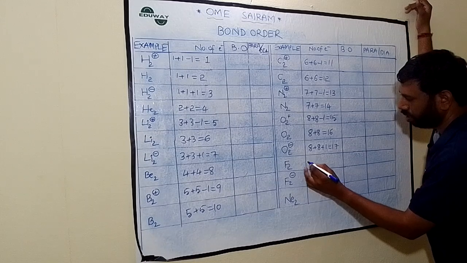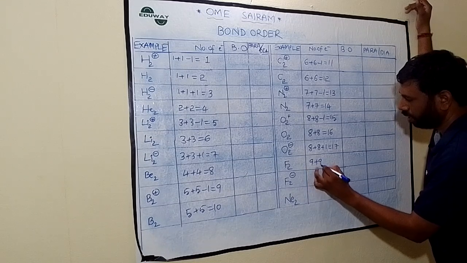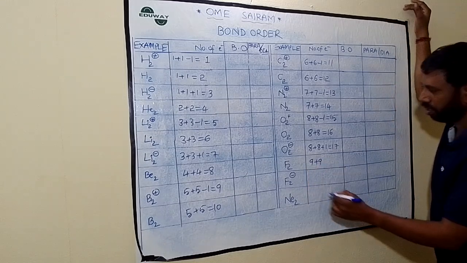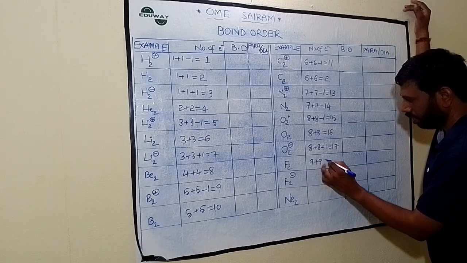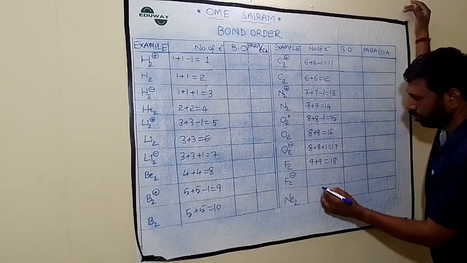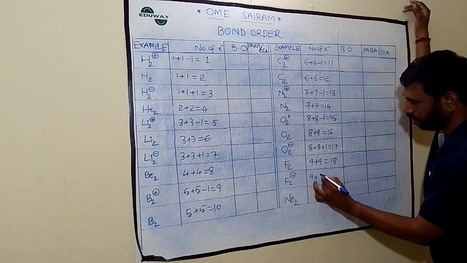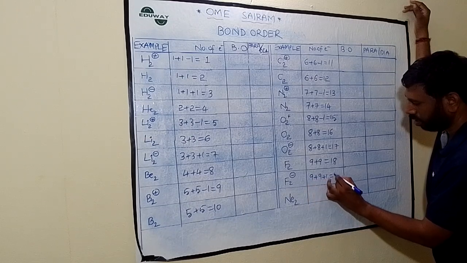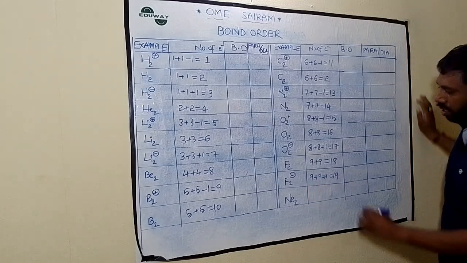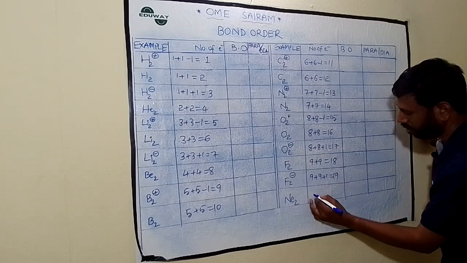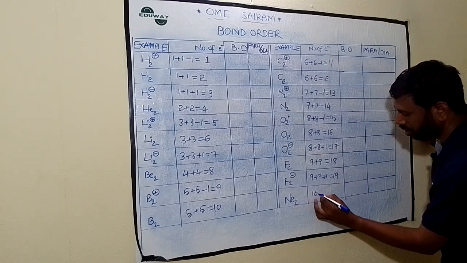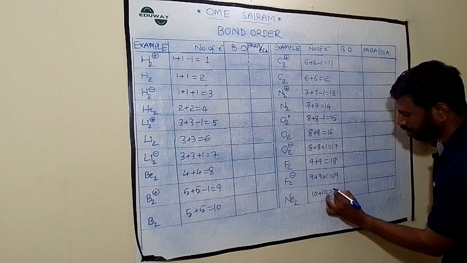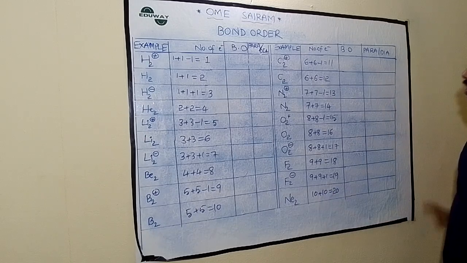F2, fluorine atomic number 9, 9 plus 9, 18 electrons. F2 negative charge, 9 plus 9 plus 1, 19 electrons. Ne2, neon atomic number 10, 10 plus 10, 20 electrons.